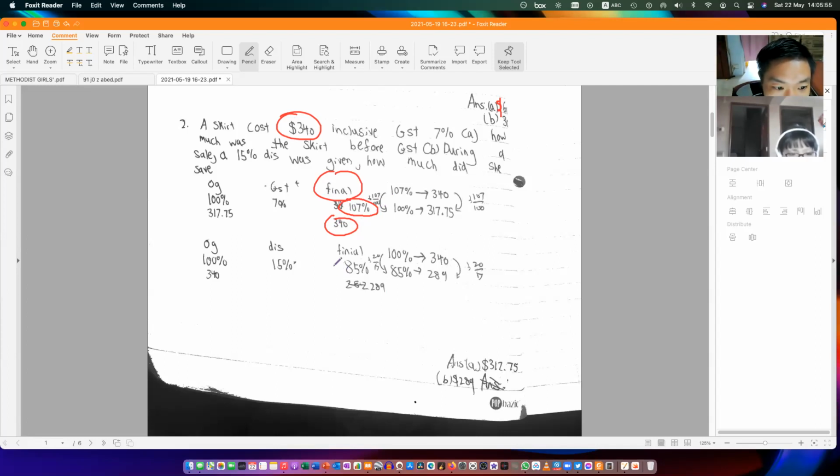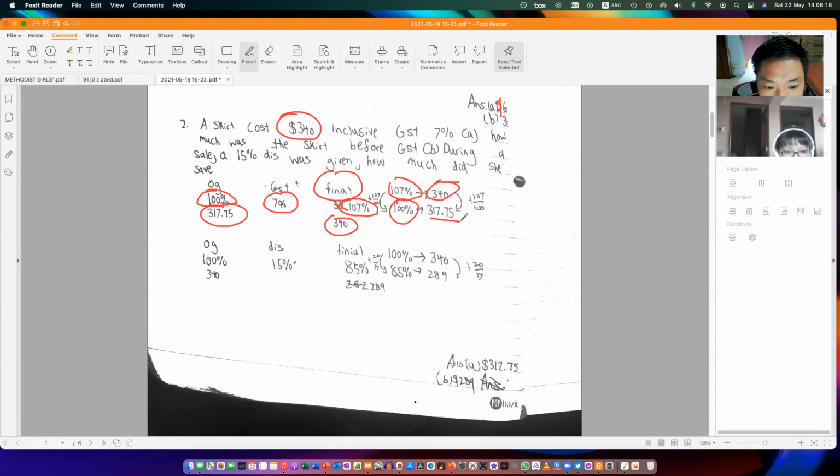Now what you need to do is find how much the skirt cost before GST. GST is 7%, so this is the final price, including 7% GST. So 100% is the original price. Therefore you need to find out what is 100%. So 107% is this, then 100% is how much?